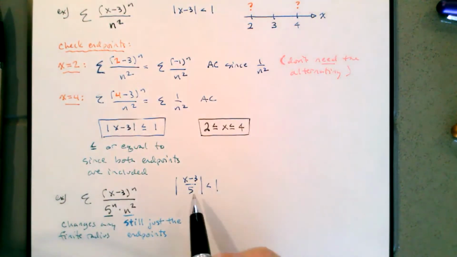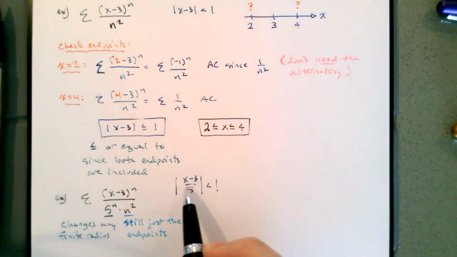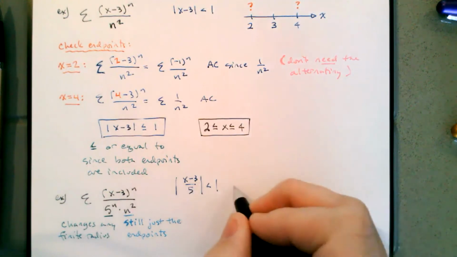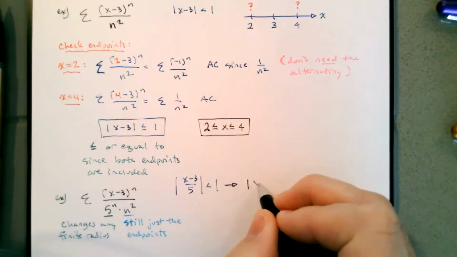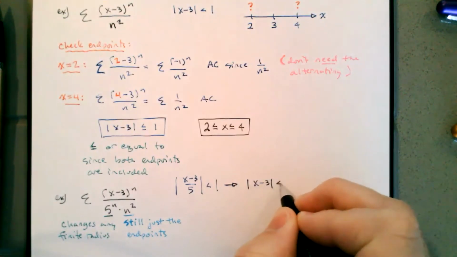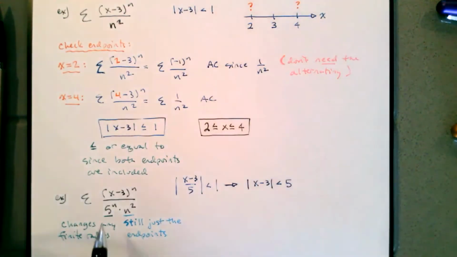So what we want to do is get the x minus 3 part and multiply by 5 to solve for the x minus 3 part. So then it looks like our interval of convergence. So that's the effect that this 5 to the n had on the radius of convergence.